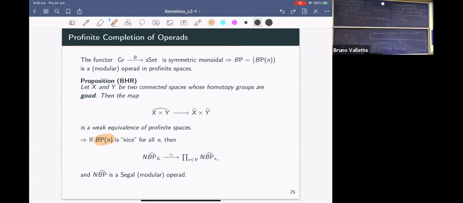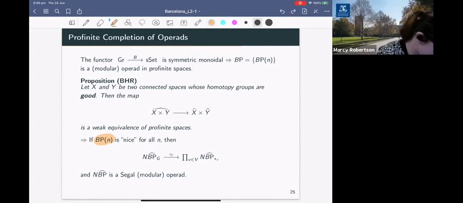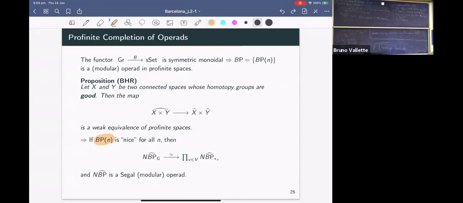Yes, what is a profinite space? Well, you can define it a couple of ways. It's a limit over... sorry, I'm finding some space here.